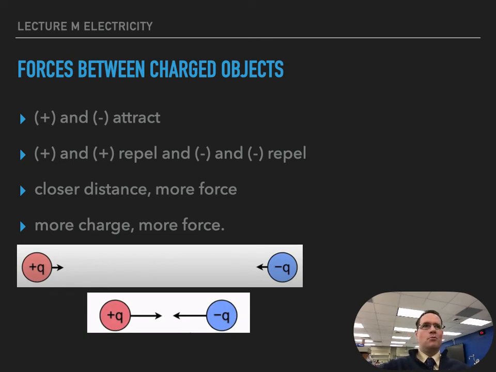And it seems like the more opposite people are, the more strongly attracted they are towards each other, sometimes in a good way, sometimes in a bad way. So +1, -1, there's a strong attraction to each other. +5, -5, that would be a tremendously greater attraction towards each other, okay? Opposites attract, closer is stronger, more charge is stronger, okay?